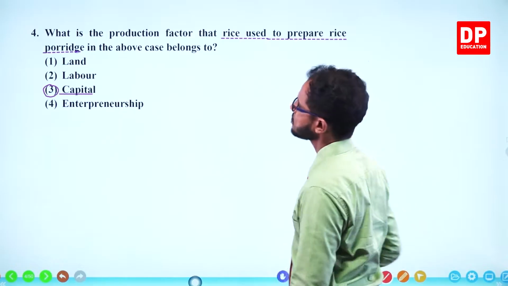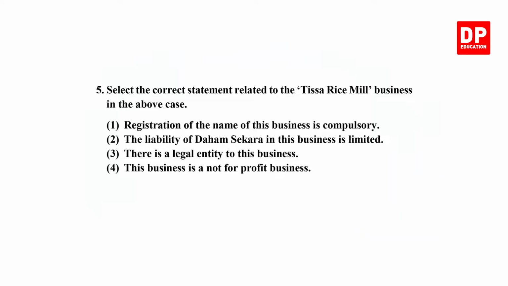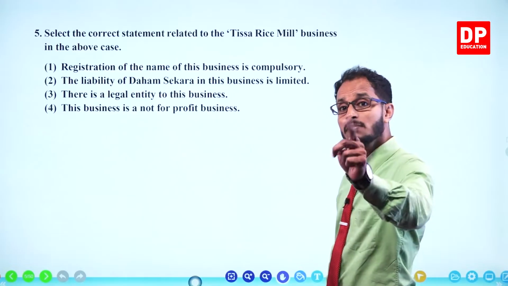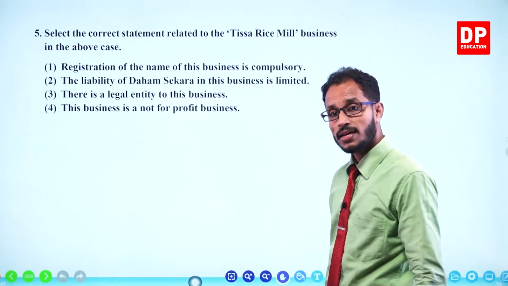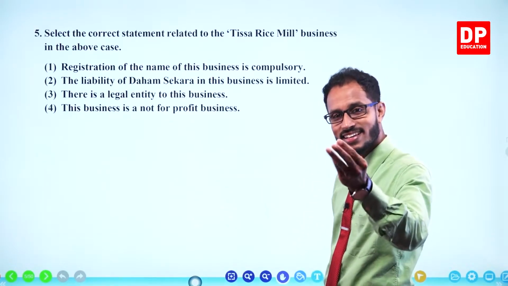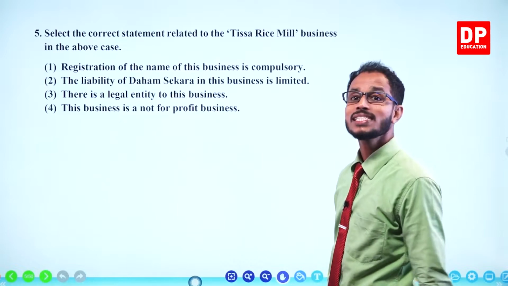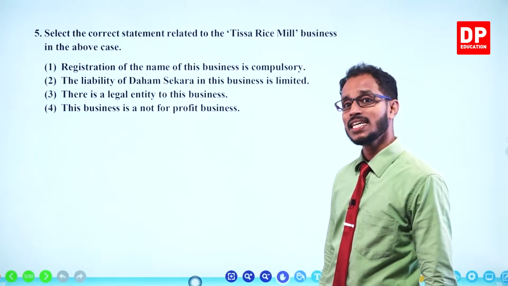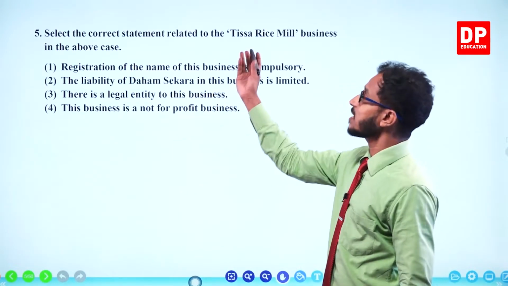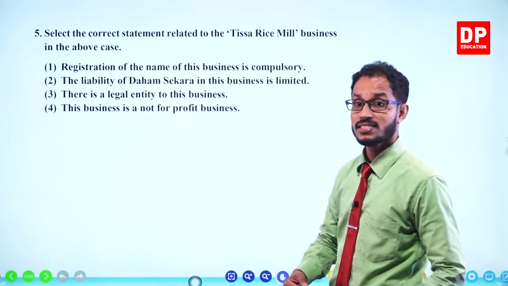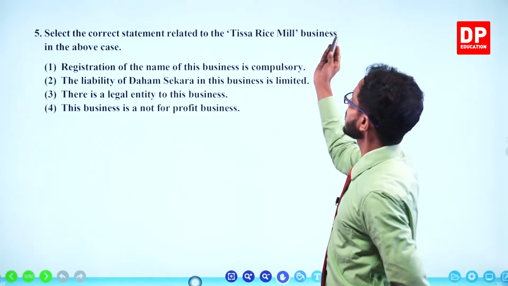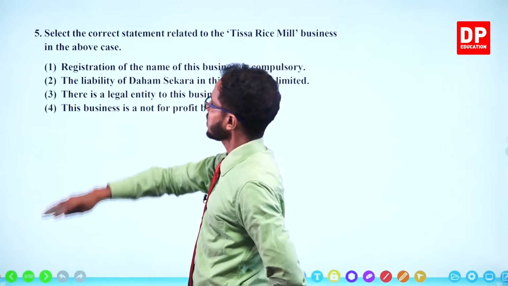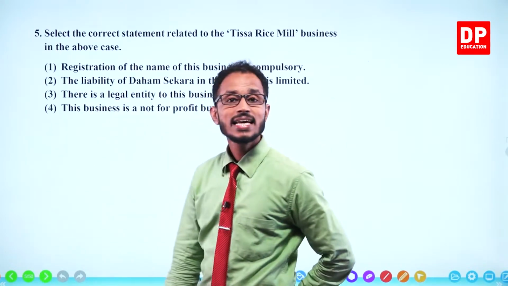Next question. Select the correct statement related to this rice mill. The Hamsekara, the rice mill owners' organization, this rice mill. The Hamsekara is the owner of this rice mill. And what do the statements say?